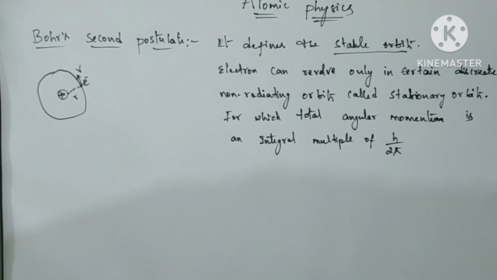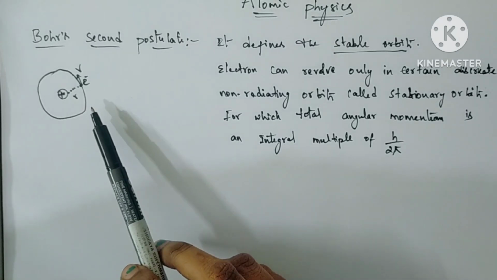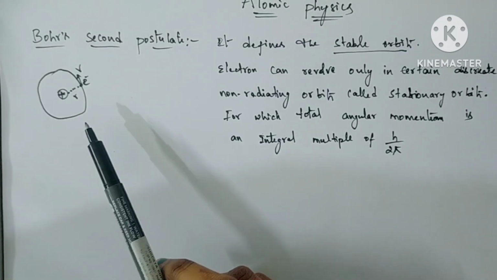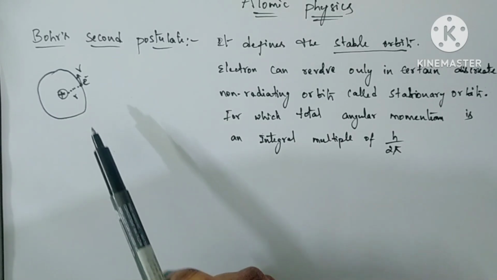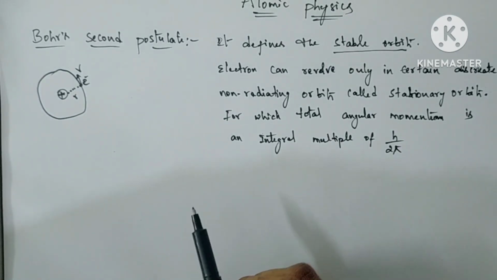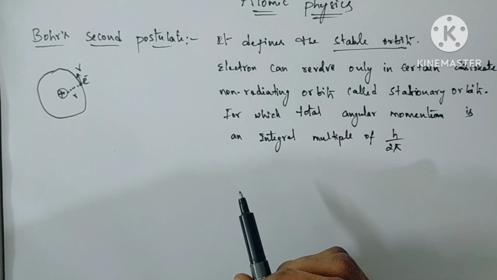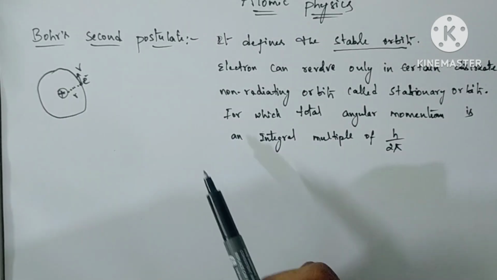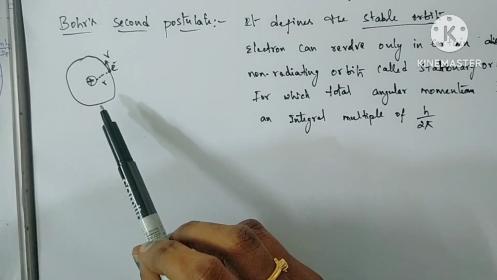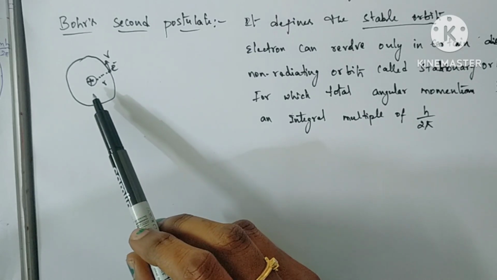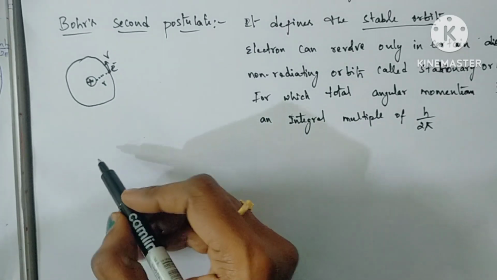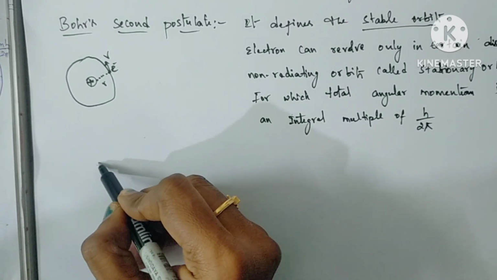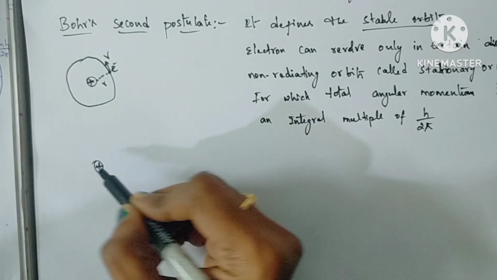So here we can say that the circumference of the orbit must be equal to an integral multiple of its wavelength. We can imagine the electron rotating around the nucleus like this.